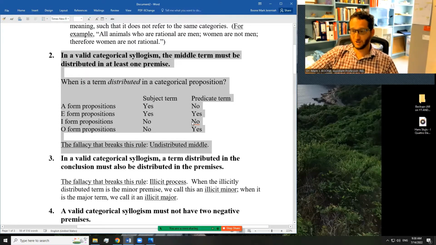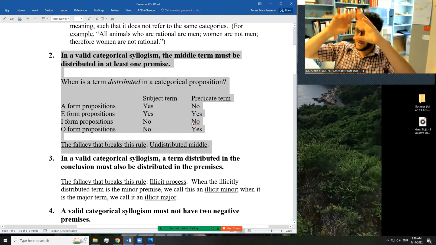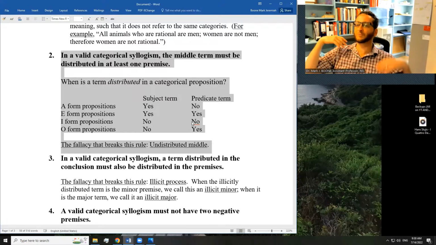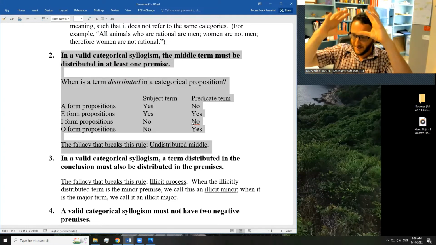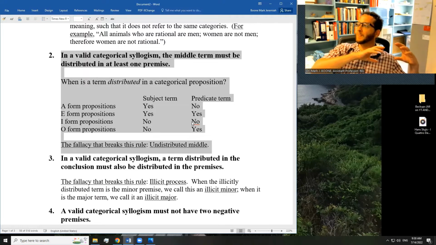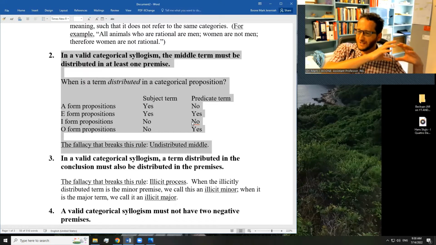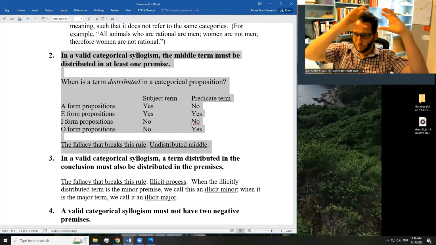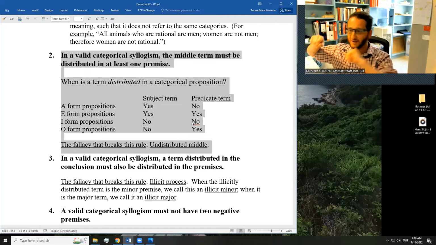Now, if none of your premises tells us something about everything in that third thing in the middle, then you just won't be able to make the connection. For a categorical syllogism to successfully demonstrate a connection between the minor term and the major term, it's got to use this middle term to draw the connection.